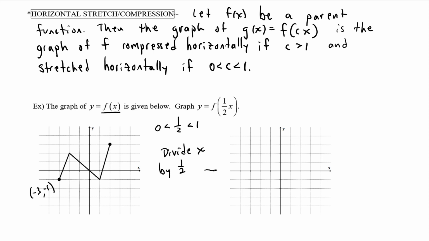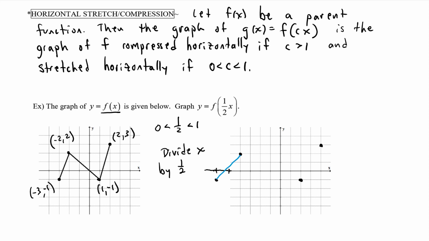So if I extend my axis here, and then let's see, this coordinate here, if I take x and divide by 1/2, I get -4. And this coordinate here, we're just going to end up at 2, -1. And then this coordinate here, it's going to end up at 4, 3. And then I connect them in the same way.